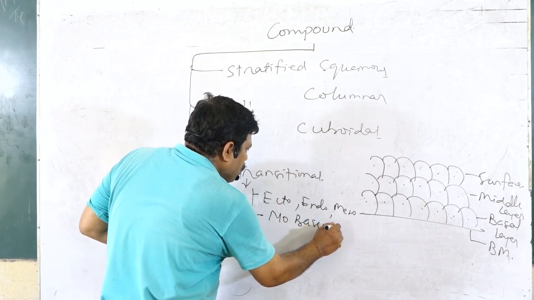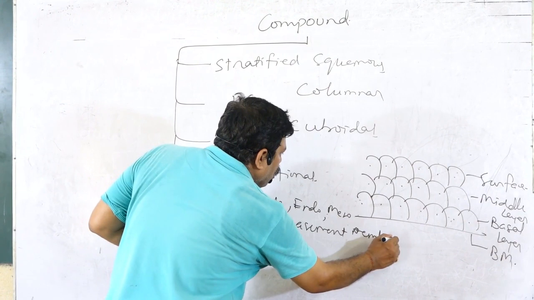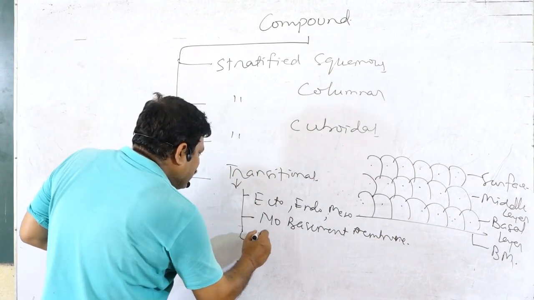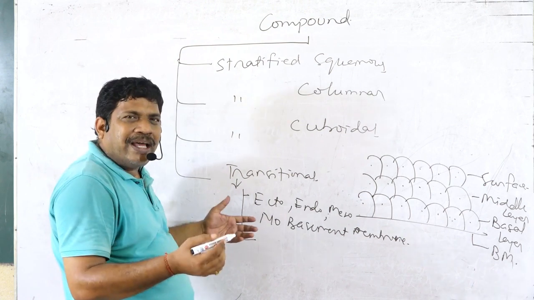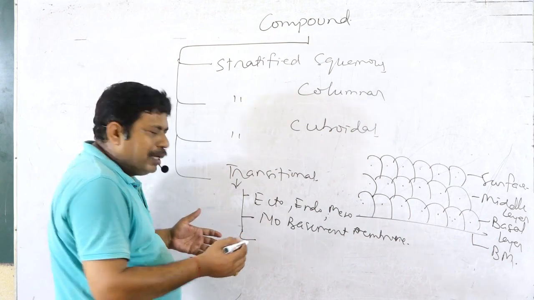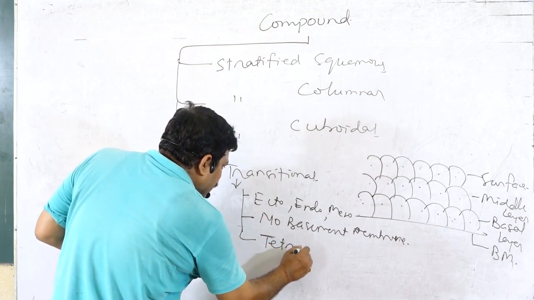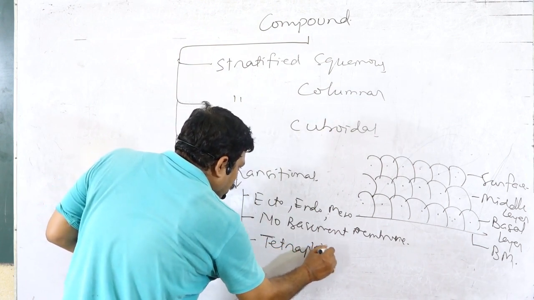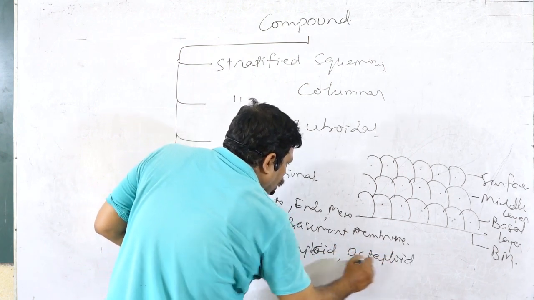Also, normally we are having diploid cells. Here tetraploid, octaploid cells also present.